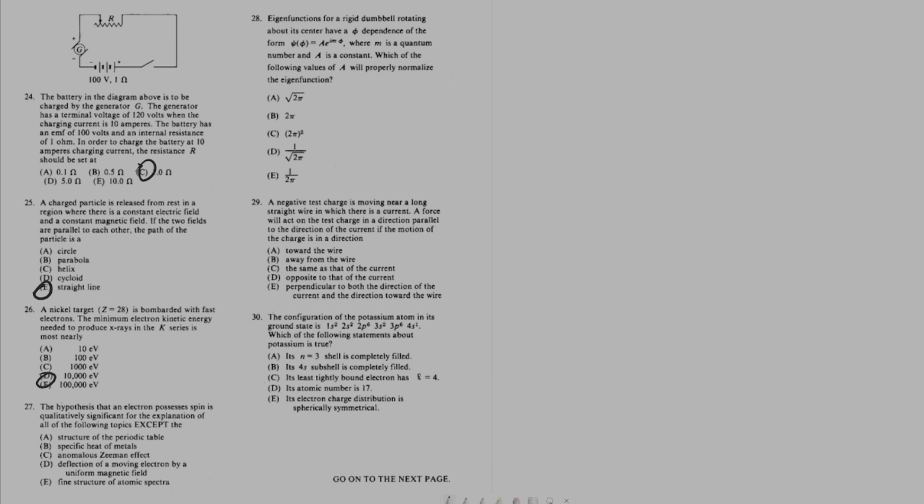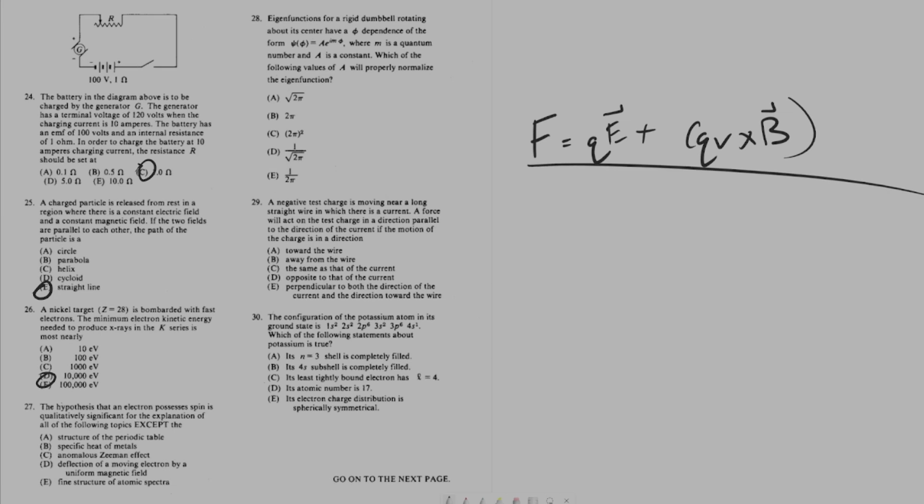If you're not sure about the specific heat, that is also a quantum effect, but it leaves you with B and D. And if you know what causes the deflection of a moving electron by a magnetic field, a point charge in a magnetic field, it is due to the Lorentz force, which we have seen plenty here, and that is a classical effect which just relies on the charge of the electron, so that gives us an answer of D for that one.